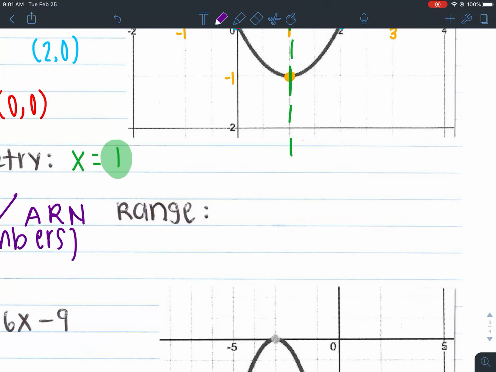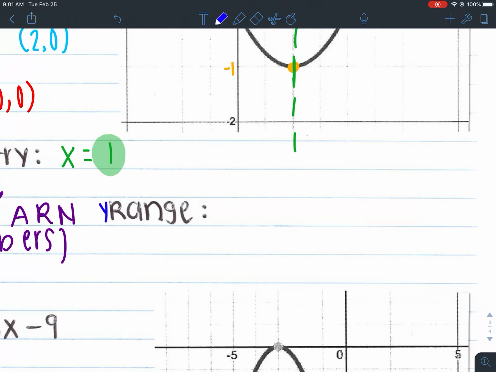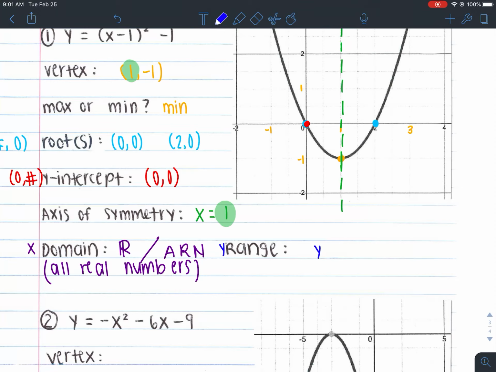Well, range is what values? Your range is going to be your y values, right? So you're going to start with y, okay? And then you want to think about, does my parabola open up or does it open down? It opens up. So would I put greater than or would I put less than? I'm going to put greater than, okay, because it opens up.